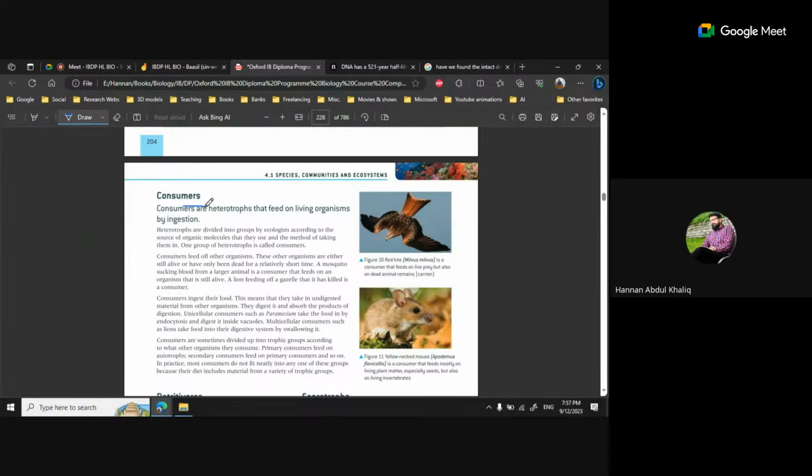So the energy would be transported to the next organism. All those organisms who obtain food from the plants or other sources are heterotrophs. We refer to autotrophs as producers.